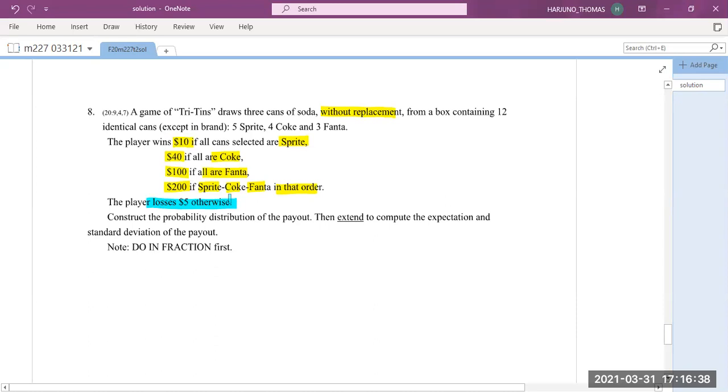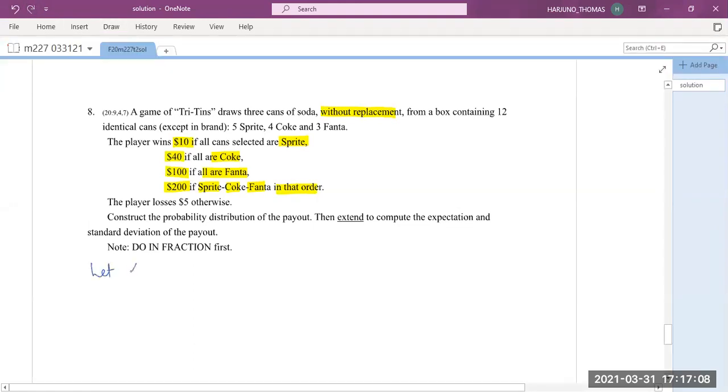Now construct the probability distribution of the payout, which means you need to compute the probability for each payout. And then you compute the expectation and standard deviation. Okay, let's work it out. We start by defining a random variable.